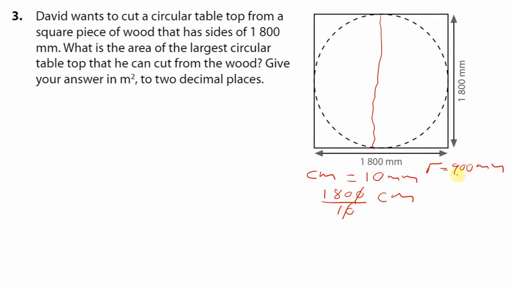Can do the same with the radius. It is in fact therefore 90 centimeter. In fact, I'm not even sure why I was dealing with the 1800, because we want area. Area of a circle is pi radius squared, so we actually just need the radius. So we have a radius of 90 centimeter.